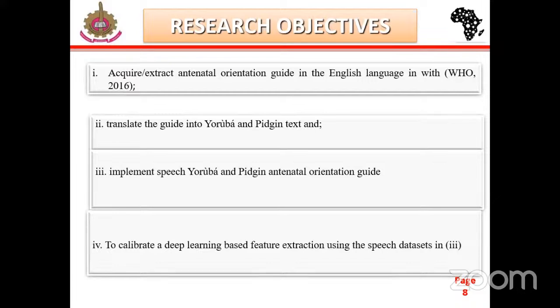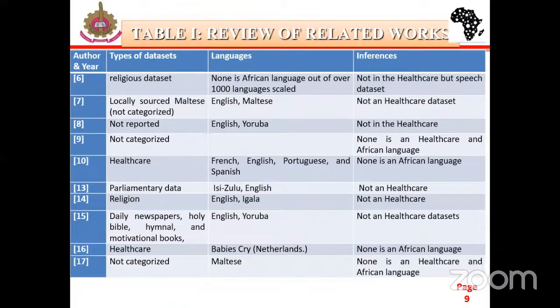I'll also go on to implement the speech version of the English, Yoruba and Pidgin antenatal orientation guide. And finally, to calibrate a deep learning based feature extraction using speech data sets created in Objective 3.